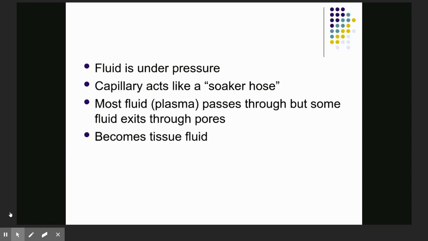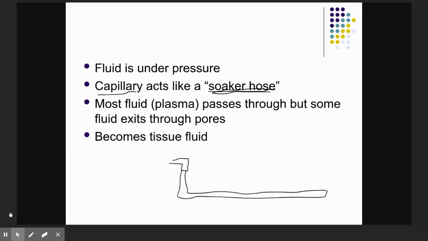So again, they're leaky. A good way to think about a capillary is to think of a soaker hose. I don't know if any of you actually know what a soaker hose is, but you can go to Home Depot or someplace like that and buy a hose that fits to your faucet. That hose has millions of little tiny holes in it.